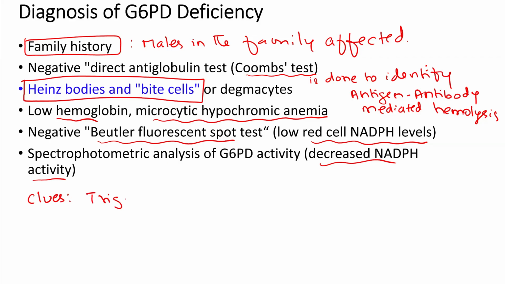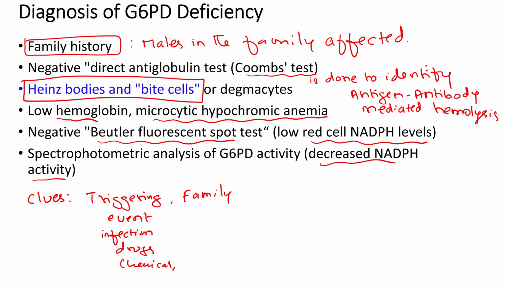The triggering event can be infection, drugs, chemicals. That's one. And then family history: males in the family affected.